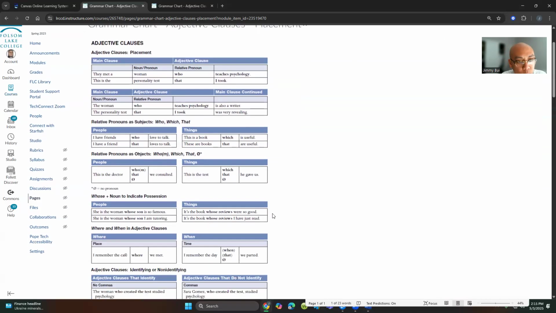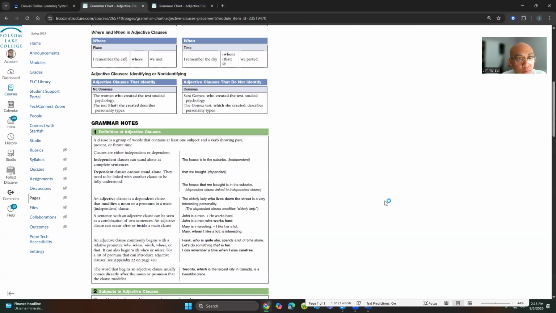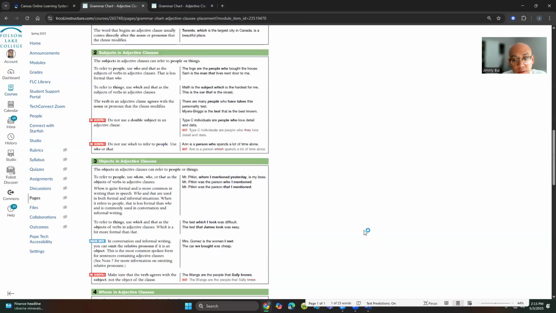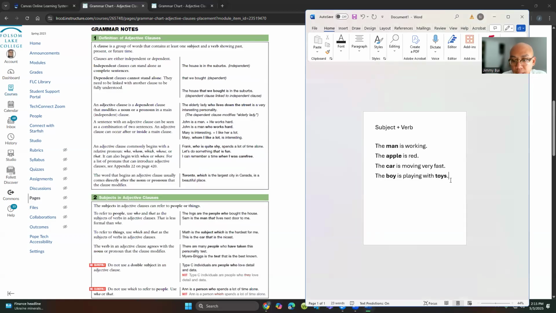But who refers to and can be used for people. That will be used for people and also things. And then whose will show possession.